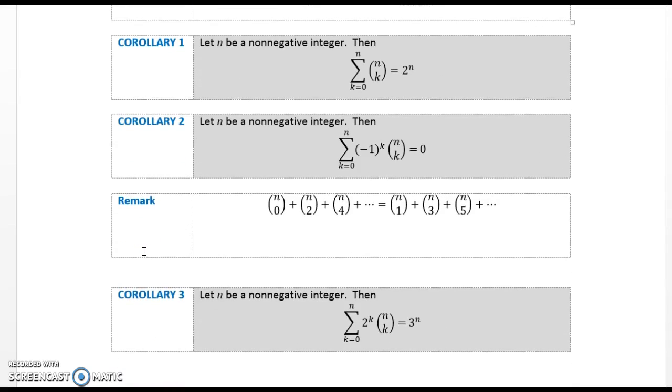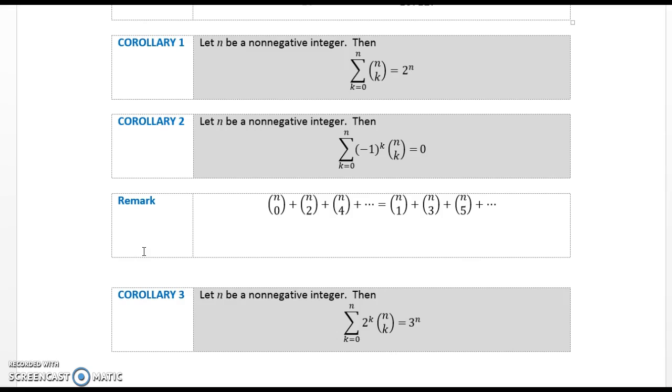Corollary 1. Let n be a non-negative integer, then the sum from k equals 0 to n of n choose k is equal to 2 to the n. Corollary 2. Let n be a non-negative integer, then the sum from k equals 0 to n of (-1) to the k, n choose k is equal to 0.